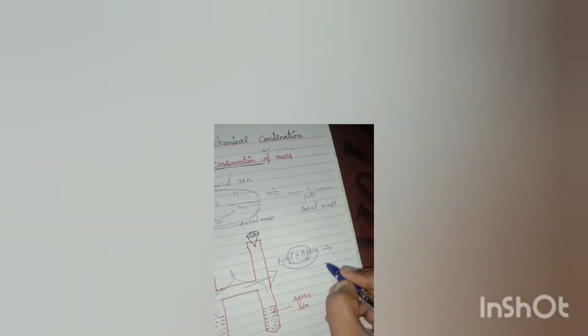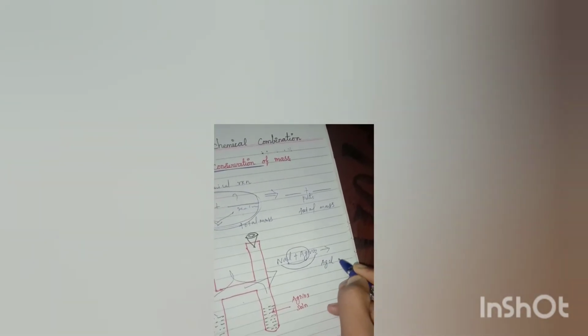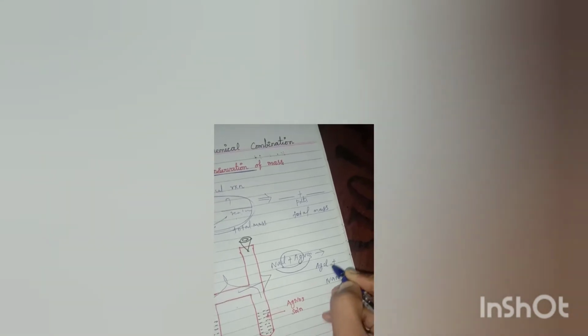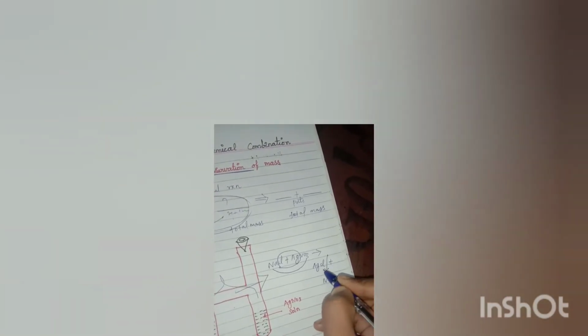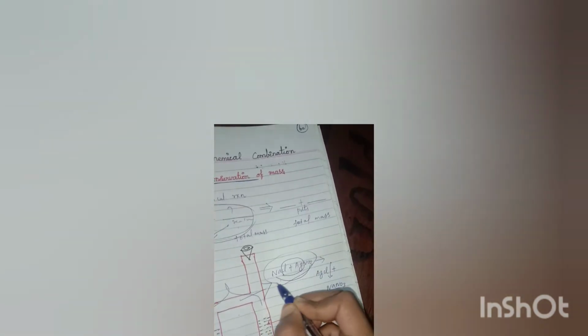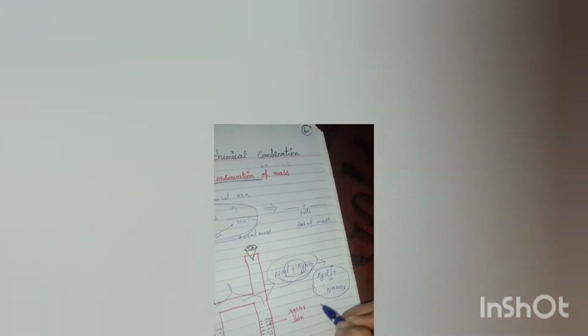Then we get AgCl plus NaNO3: white silver chloride precipitate and sodium nitrate solution. The total mass of the reactants is equal to the total mass of the products, and this law is known as conservation of mass.